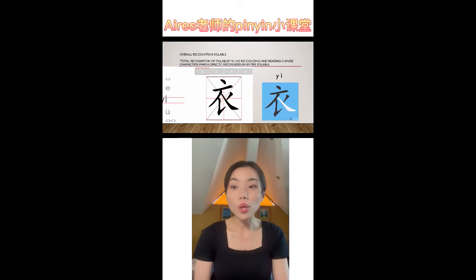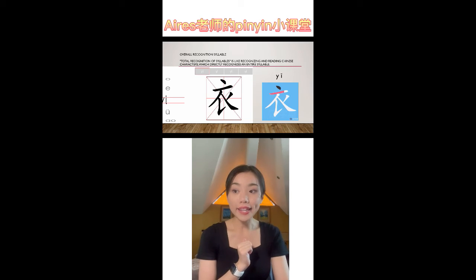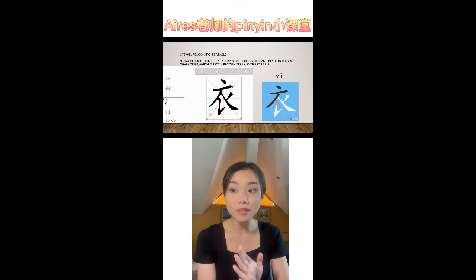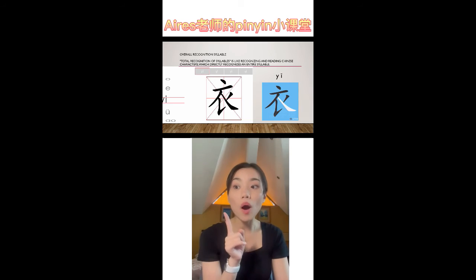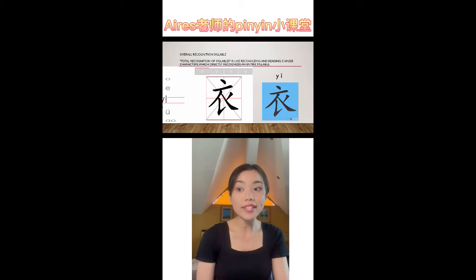Look at it like this: yi. What is this pinyin's initial? Yi is this one. This is the initial, but this is a capital of the finals. So how can we read this? You just read it as a whole part.